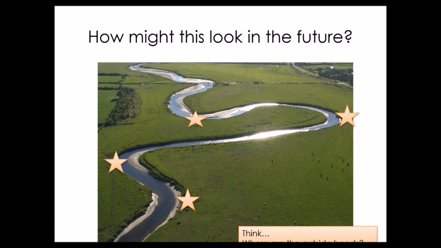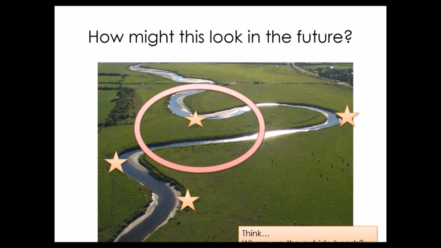Remembering, obviously, deposition will happen on the inside bend, which will cause it to move up along with it. So this area here could potentially see these two bits of the river, the bit with the star and the bit closest to the foreground, to the bottom of this picture, connecting. And what that's going to create on the right hand side here is an oxbow lake.